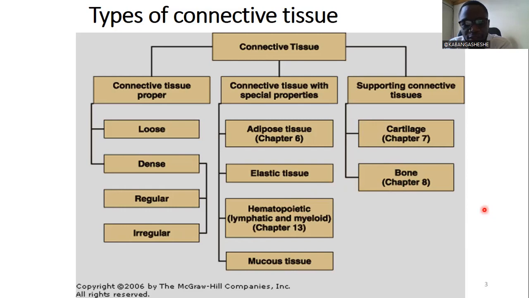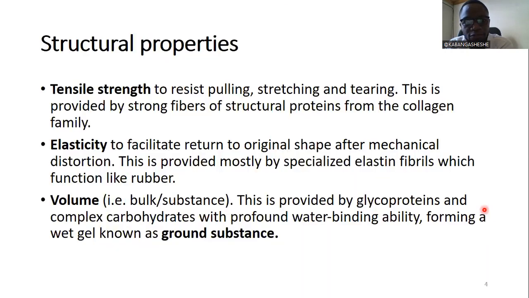So today we'll just look at the properties of connective tissue in general. Now, what are these properties? Number one is tensile strength. Connective tissue offers tensile strength.